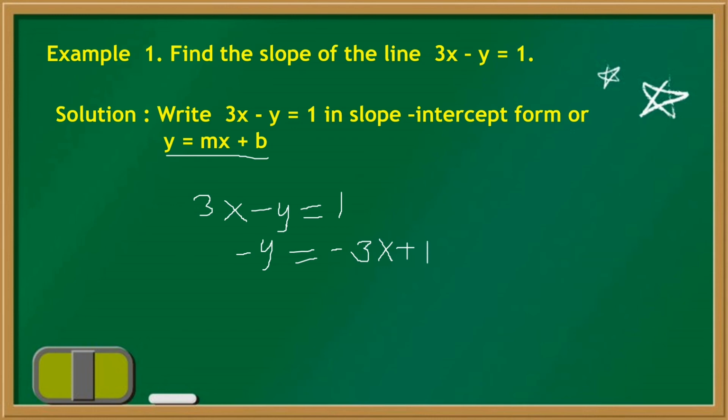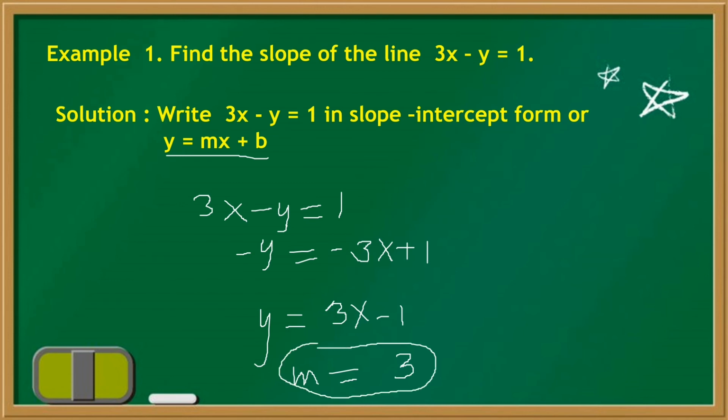Next, since y is negative, by division property of equality, divide both sides by negative 1. The equation becomes y equals 3x minus 1. Y is equal to 3x minus 1 is already in the form y equals mx plus b. Therefore, the slope is equal to 3.